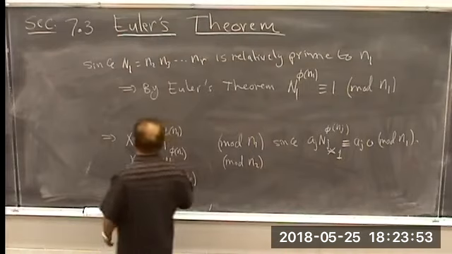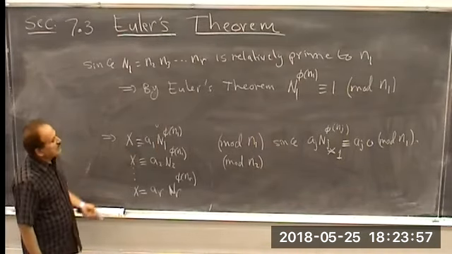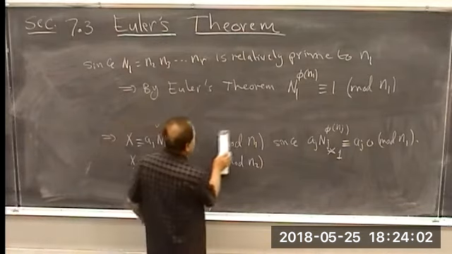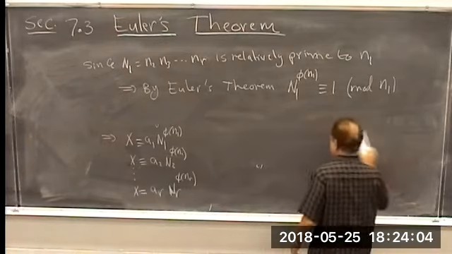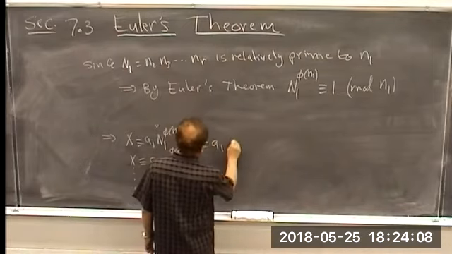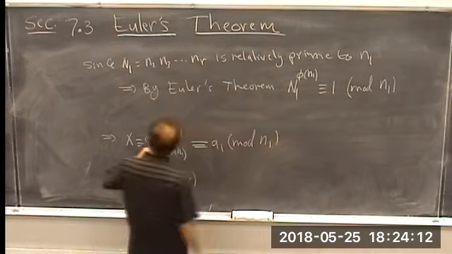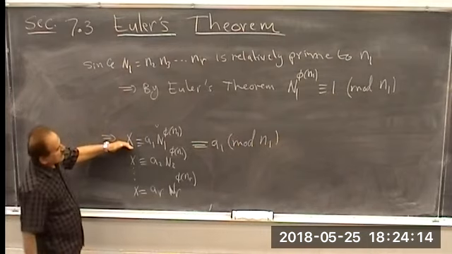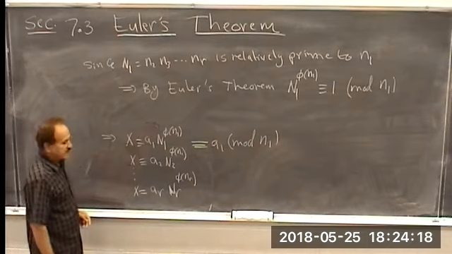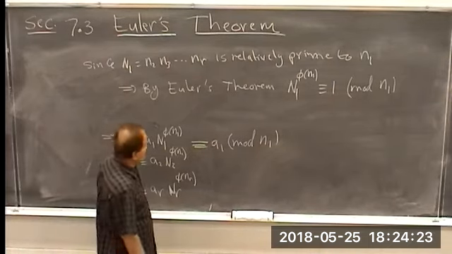Similarly for the second one, a2, and so on. So from here we can conclude that we have these congruences. So x is congruent to a1 mod n1, because all other elements in x are congruent to 0 mod n1.